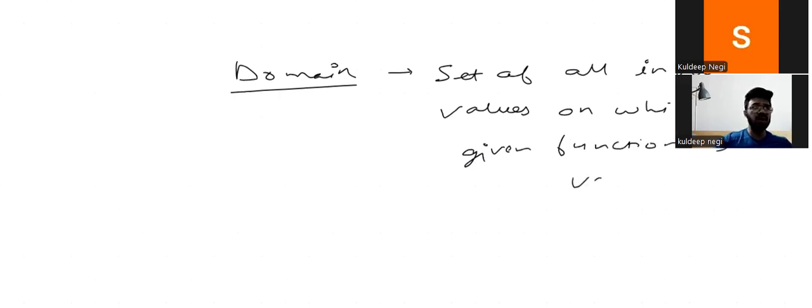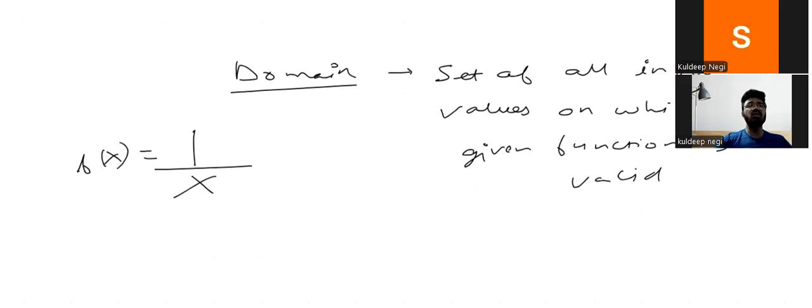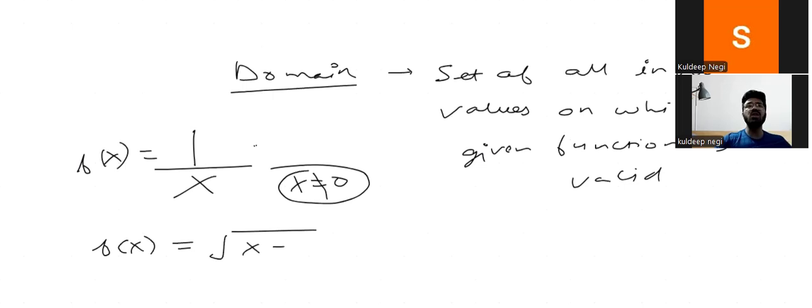For example, if this is a function f(x) equals 1 by x, this is not valid at x equals 0. So it means you can't take the value of x equals 0. For a function like this, your x value cannot be, or the value inside the root cannot be negative. So you can say that your x minus 2 should be greater than or equal to 0.